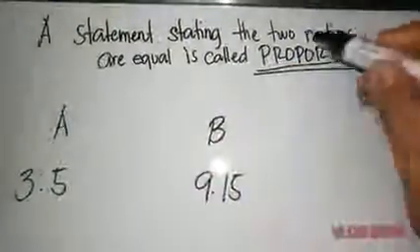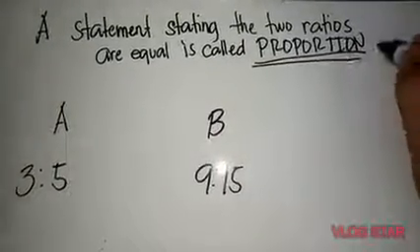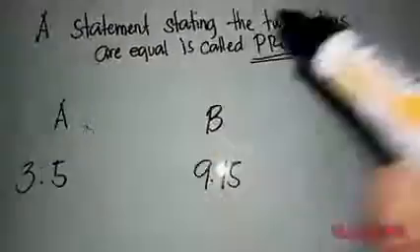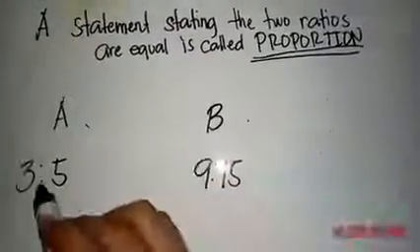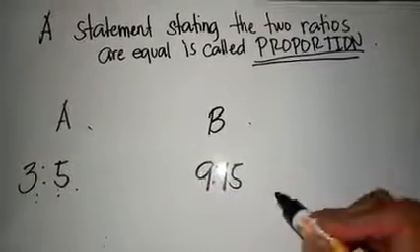A statement stating two ratios are equal is called proportion. Just like in our example, we have ratio A and ratio B: 3 to 5 and 9 to 15.